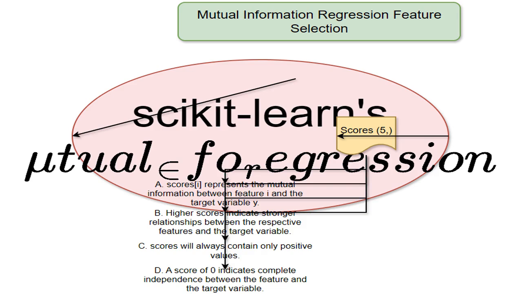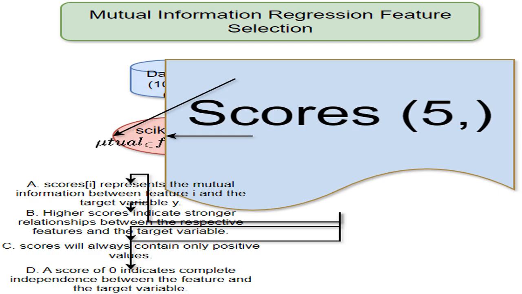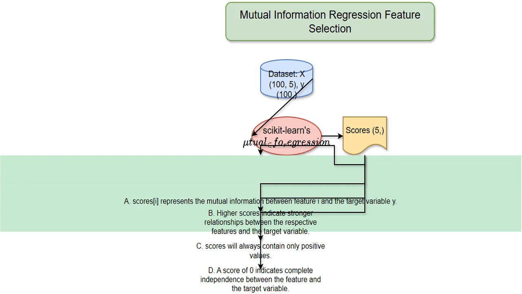I am using Sklearn's mutual_info_regression function, a tool for measuring feature-target relationships. The function returns a list of 5 scores indicating the strength of each feature's relationship with the target variable. The ith score represents the mutual information between the ith feature and the target.